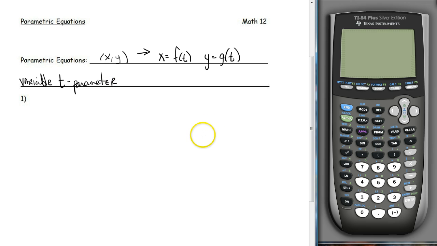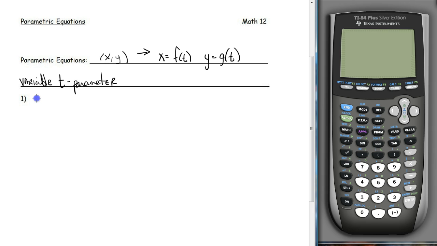And what we're going to do is take problems where we define functions, or have functions given to us, and either change them to parametric or change them back to normal, or rectangular, equations.